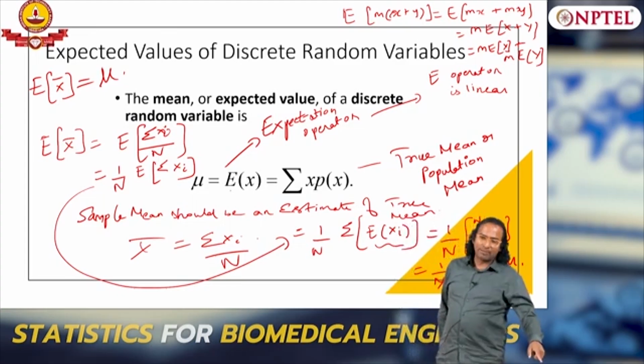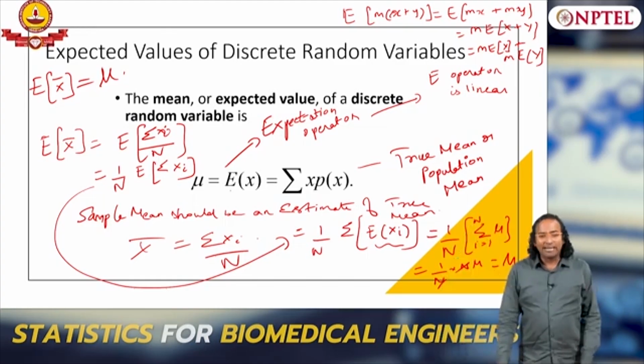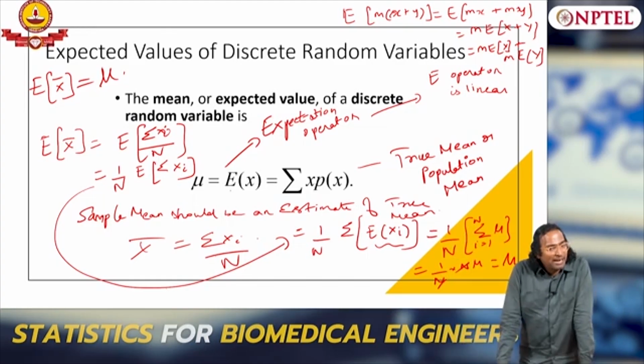What is the expectation operator? Expectation is nothing but summation of x times p of x. What is probability? Limit n tends to infinity of n of A by n, the frequentist approach. So when does x bar converge to mu?